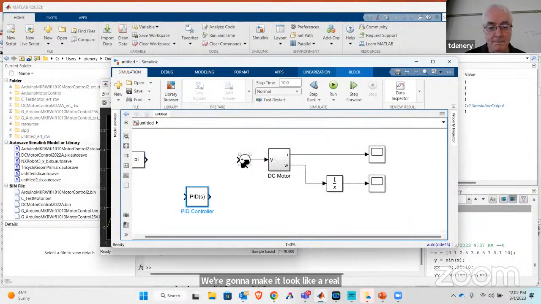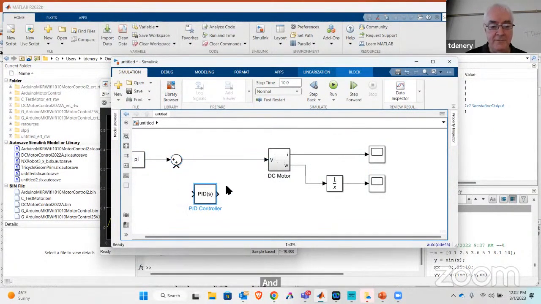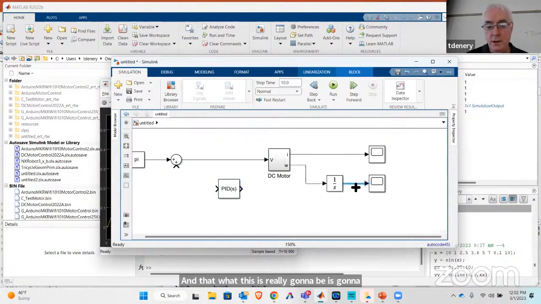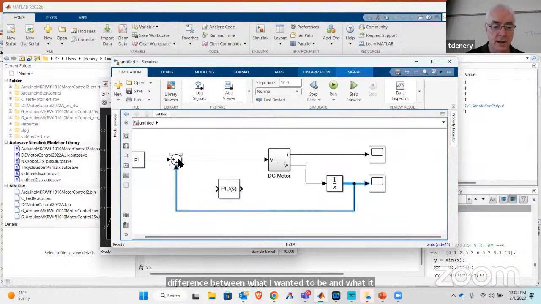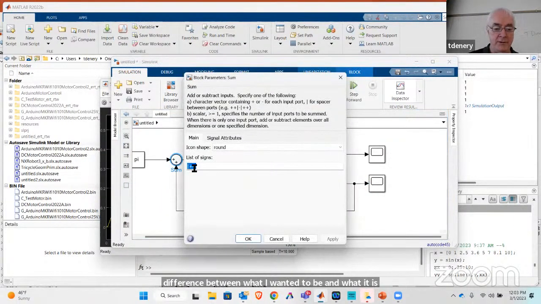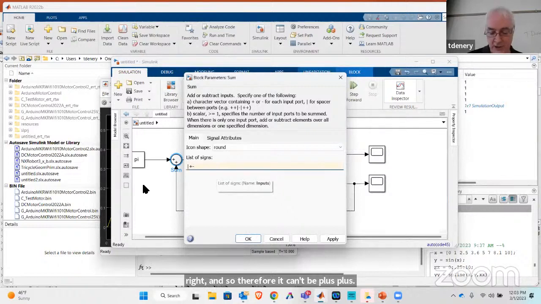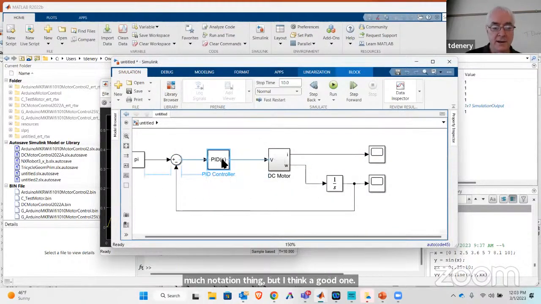And what this is really going to be is the difference between what I want it to be and what it is, right? And so therefore it can't be plus plus, but the one coming in on the bottom, and that's very much a notation thing, but I think a good one. That configures the operation of the PID.